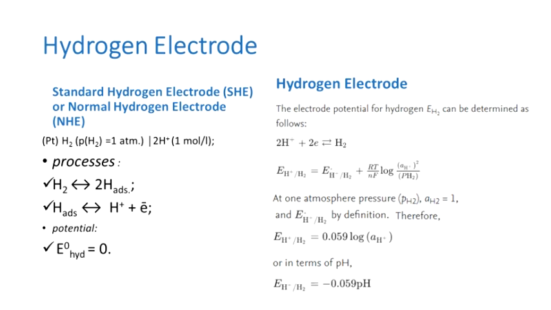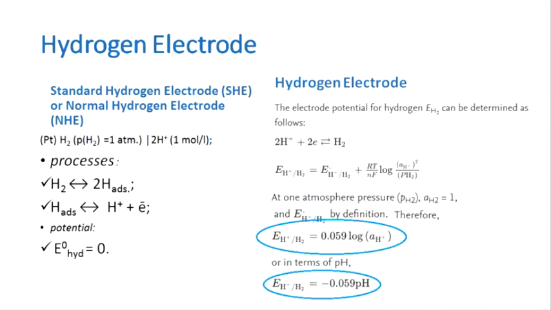At the left you could see standard hydrogen electrode, and it is understandable that pressure of hydrogen gas should be 1 atmosphere and concentration of hydrogen ions 1 mole per liter. In this case, potential of hydrogen electrode is equal to 0. For hydrogen electrode, concentration of hydrogen ions may be different, and these two equations could be used to calculate hydrogen electrode potential, which depends on hydrogen ions concentration.